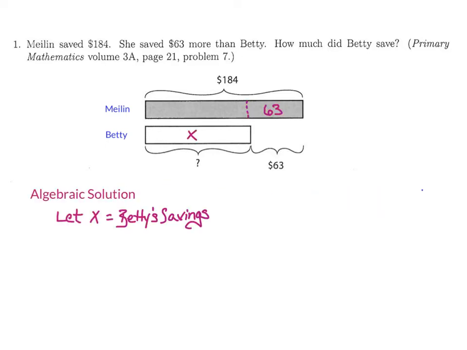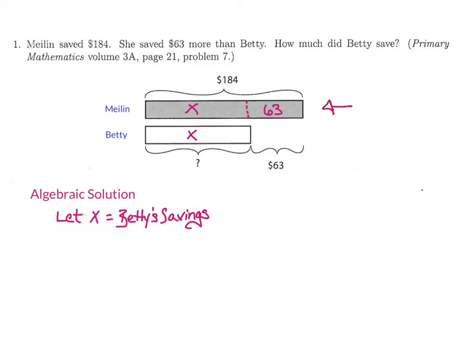For the algebraic solution for this one, we will let x equal Betty's savings. So the smaller rectangle is represented by x. Again, I partitioned this to be equal with a portion of Meelan's. Then the extra part, I labeled the $63. So if we want to solve this algebraically, knowing that Betty's savings is x means that Meelan's savings will be x plus 63.